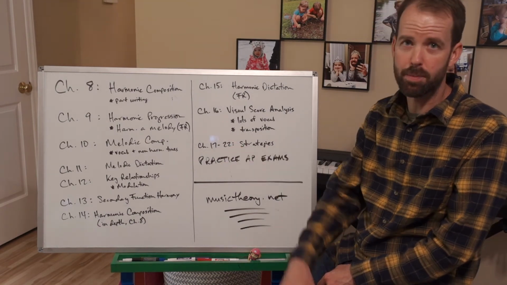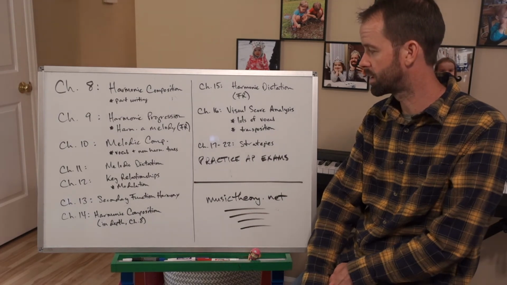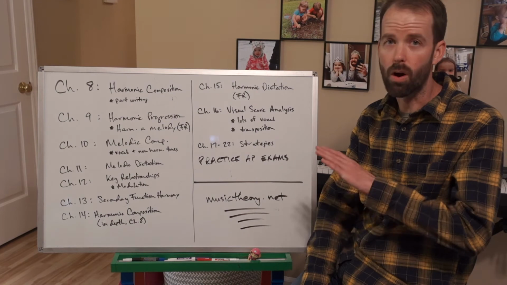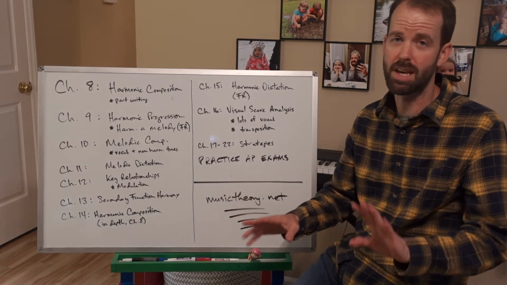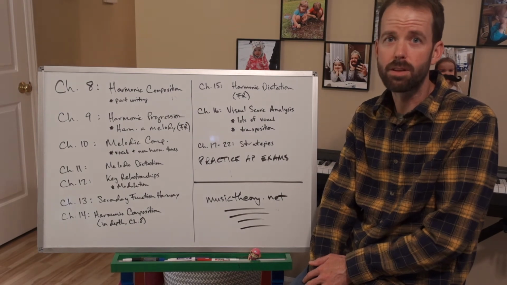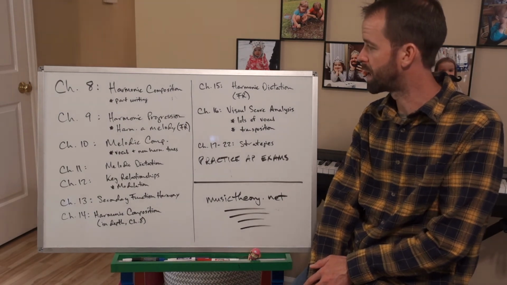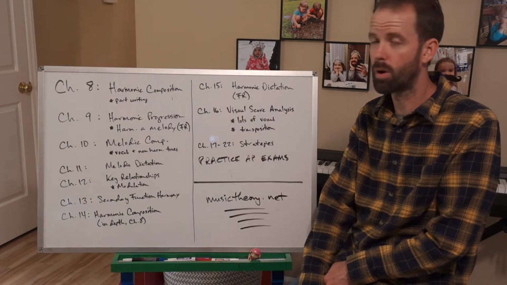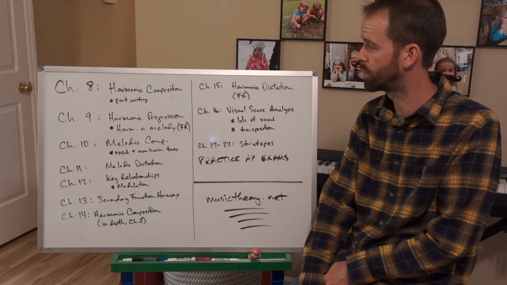The remaining chapters out of the Barron's book that I've been using, chapters 17 through 22, are all just test-taking strategies. If we can get to those, I definitely will share them with you, but my goal is to at least get through chapter 16, which takes us through all of the new material.